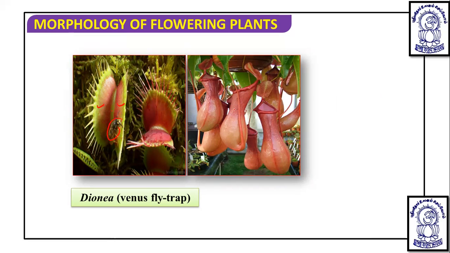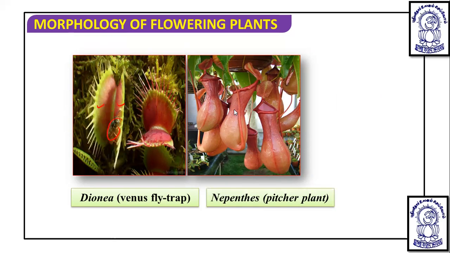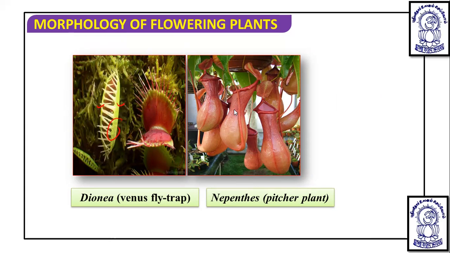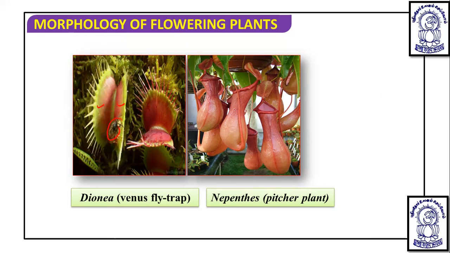But this is the another example of the Nepenthes pitcher plant, and in Nepenthes pitcher plant only lamina get modified and form a pitcher. And when you see this part, this is the lamina, this is the petiole, and petiole some gets spirally coiled, and over this there is a particular lid.